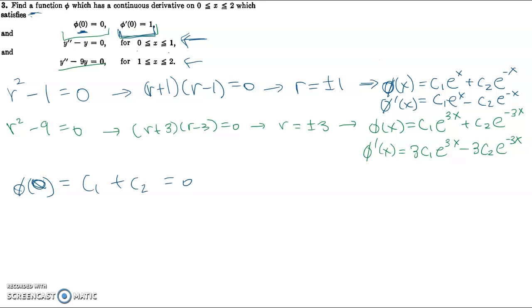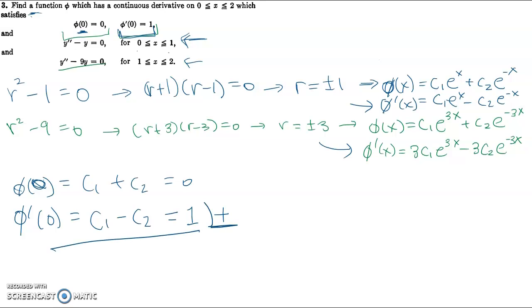So let's just go ahead and use the first one, which is this. Again, if we use the other, we're going to get a different solution, which we can also do. But let's plug it in here. At 0, that's going to be c1 minus c2, and that's going to be 1.